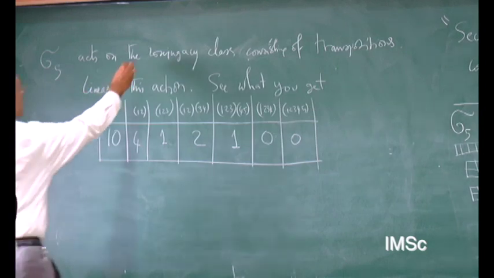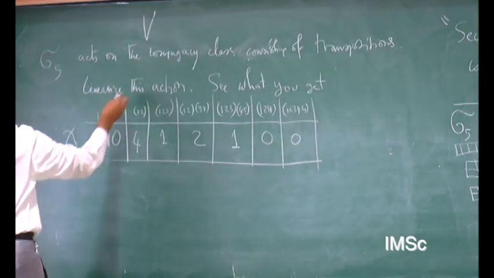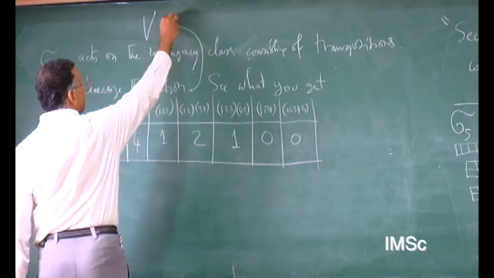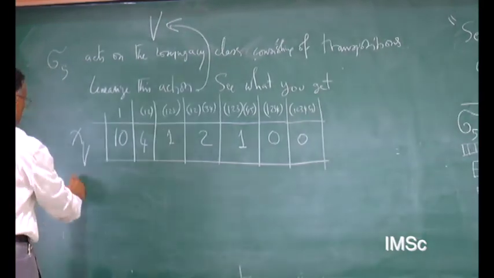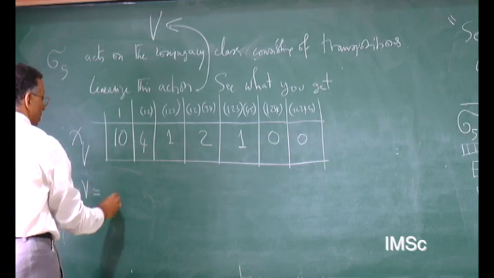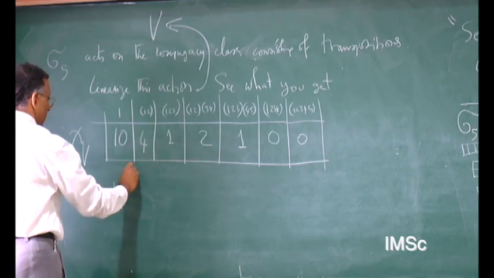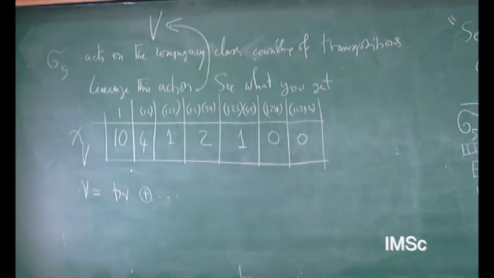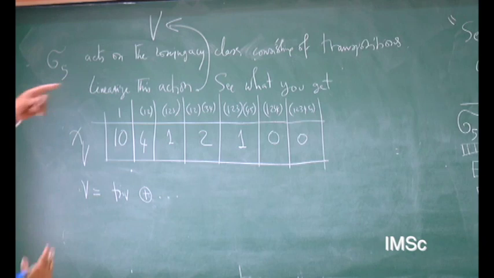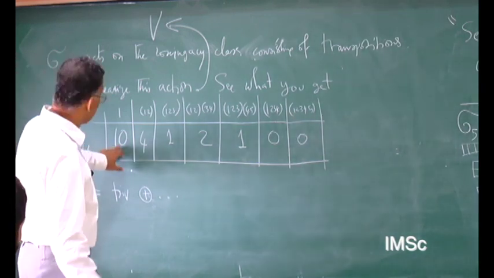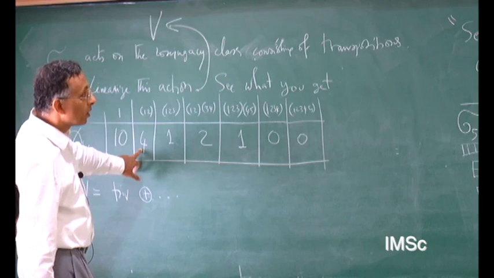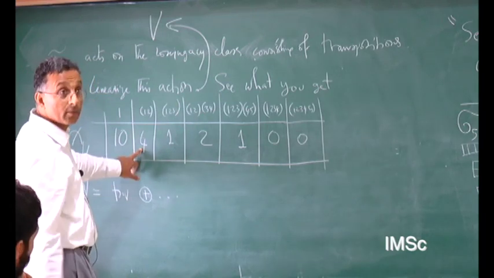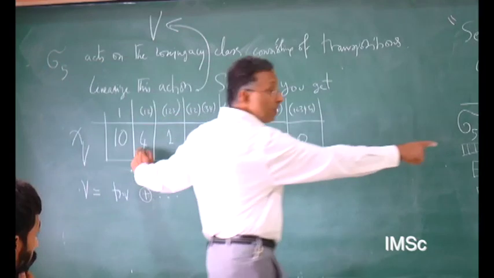So this representation, call this V. Linearize this action to get V. This is chi of V. I want to write V is equal to something trivial plus something plus dot dot dot. What do I write here? So I take the inner product, just follow your nose. Calculate the inner product of this with that. This gives me 10, this gives me 4 into 10, 40, because I have to multiply by this.